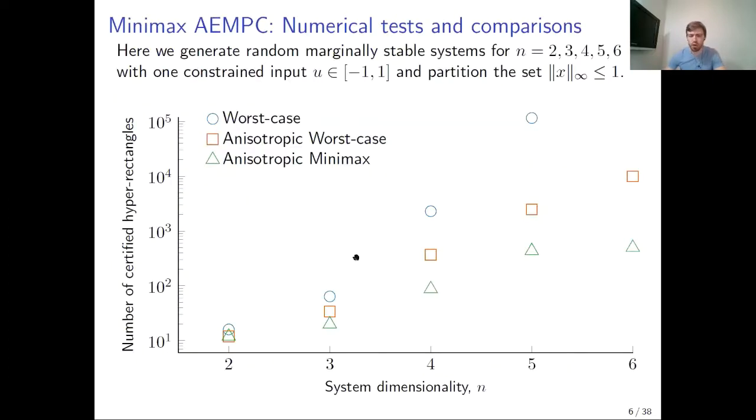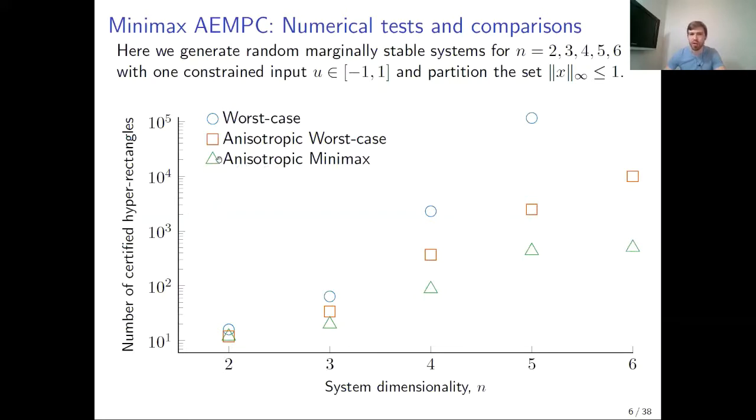With this approach, we were able to make the curse of dimensionality less crucial for these kinds of problems. As you can see, when the stability certificate is given by a worst case approach, it has an exponential growth even on the logarithmic scale.